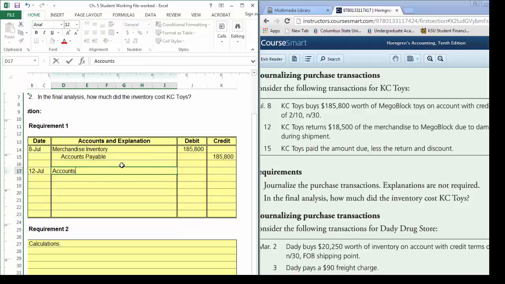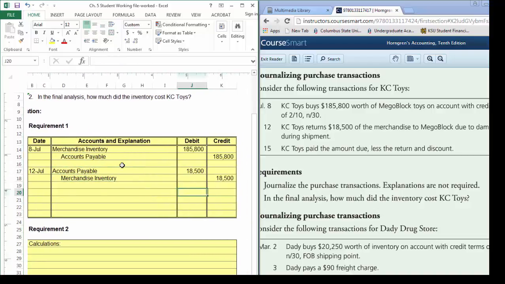So we're going to reduce our accounts payable by debiting it for $18,500, because we're not going to pay for something we're not keeping, and we're going to credit our merchandise inventory because we're not holding on to it anymore. We send it back, so it's not in our inventory anymore. So we're just going to simply reverse the initial entry for the amount that we are returning, okay?